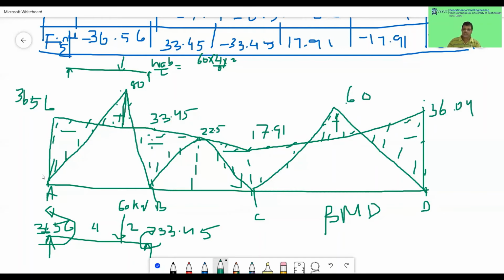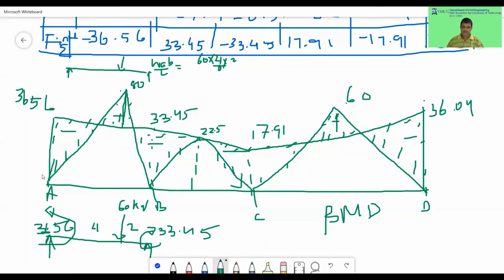So this part already we have studied in your slope deflection method, where we have discussed how to make equilibrium of each span and to draw the shear force diagram and to find out the maximum positive bending moment in the span.